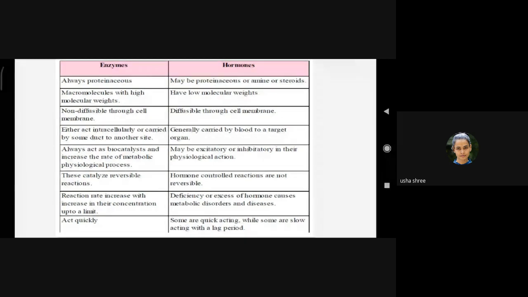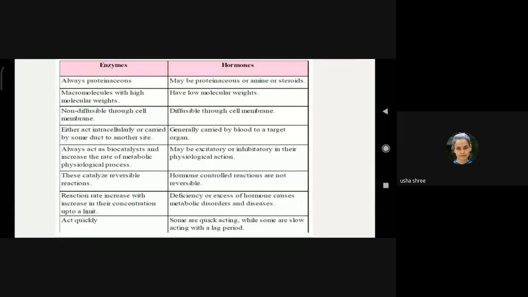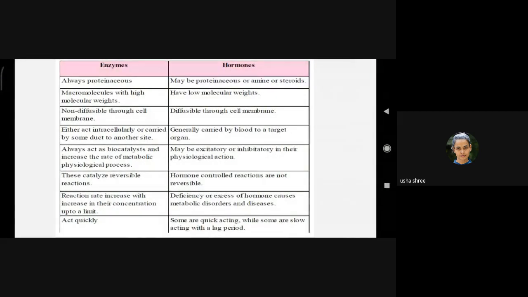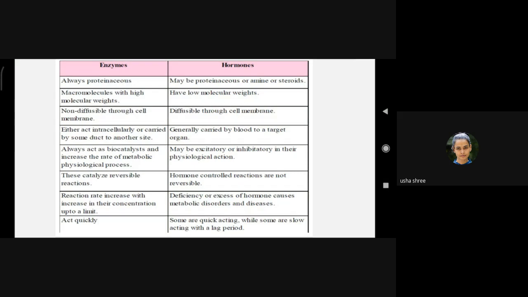If enzymes decrease, then a slightly slower metabolic rate will be seen, but that is not too dangerous. But if hormones are not in balance, in excess or deficient, then metabolic disorders will come up.